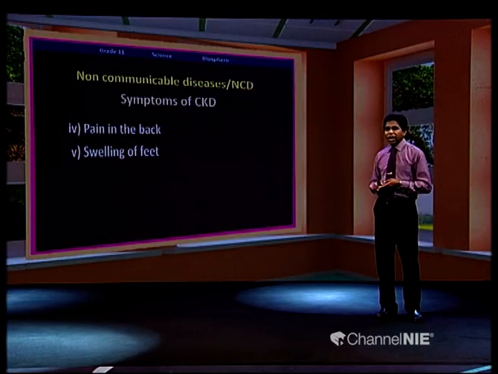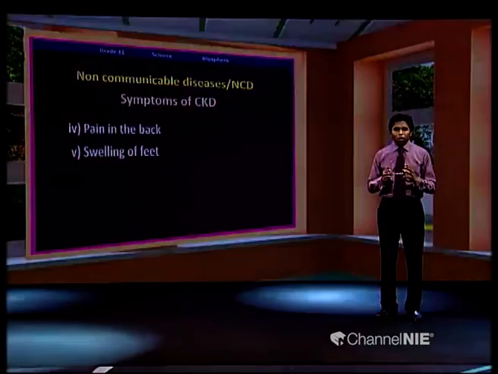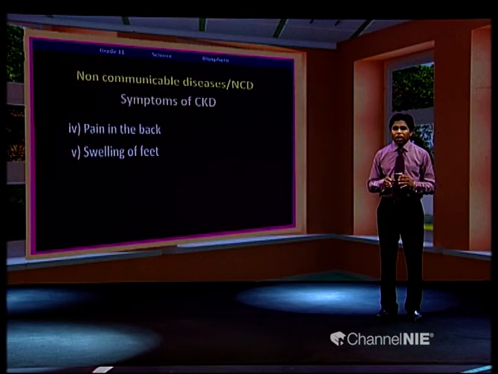Number 4, pain in the back and swelling of feet, because in your blood, urea, creatinine, uric acid, protein and other unwanted substances, the excretory products, get accumulated in the body fluid. So it can cause swelling of some parts of the body, because the kidney fails to filter blood.